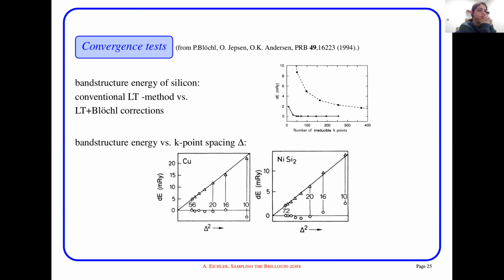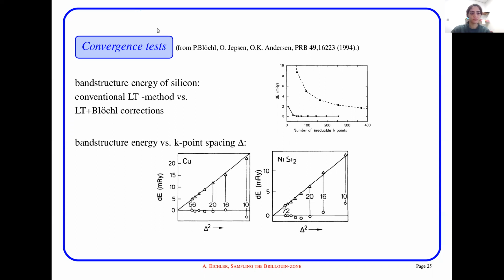You will get a plot of the energy of your system versus the number of k-points you're using. And at one point you should get to a saturation. At one point you should see that you are introducing the right number of k-points, so that if you increase the number of k-points, you are not really changing the energy much anymore. Okay? So that is exactly what it is telling you in this graph.